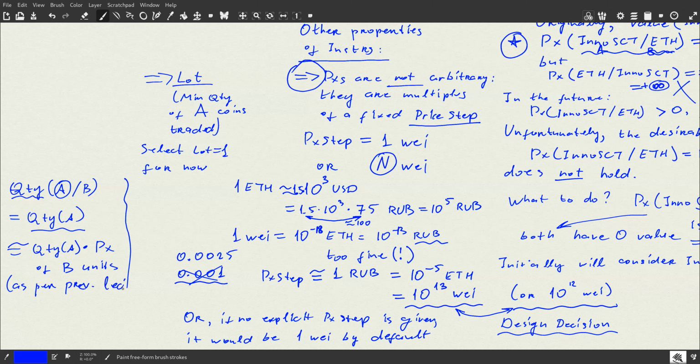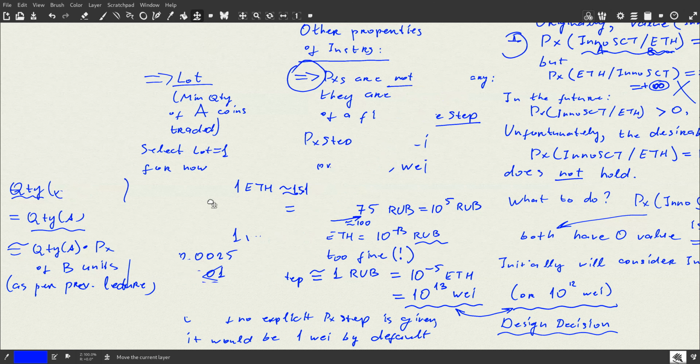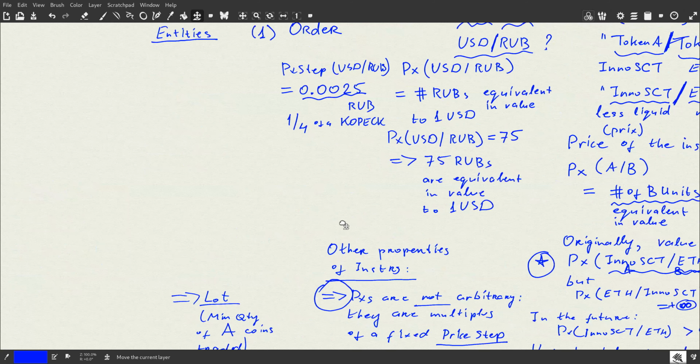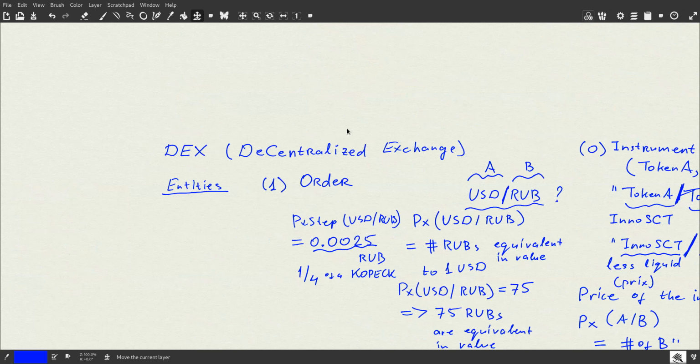Okay, so that's about our entity number 0, we are discussing instruments. But then we want to discuss orders. So for the orders, we mentioned them, and we immediately realized that we need to start with instruments.